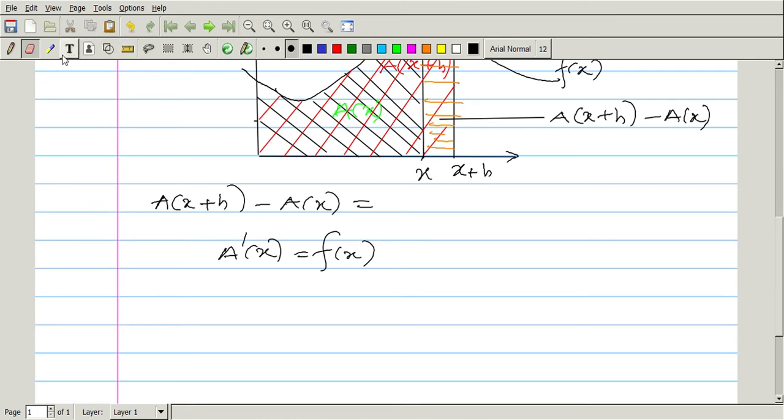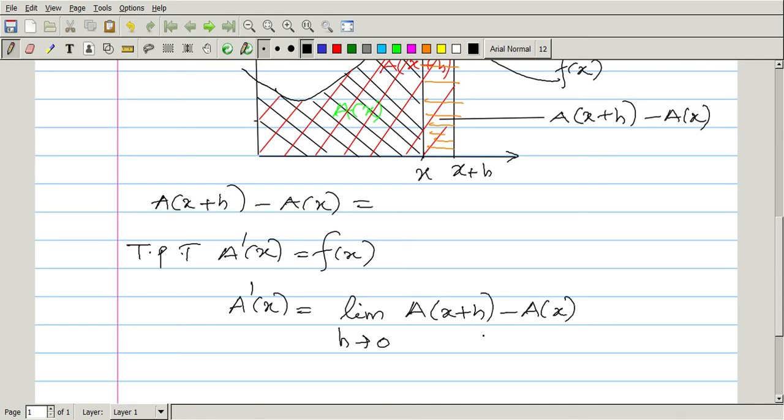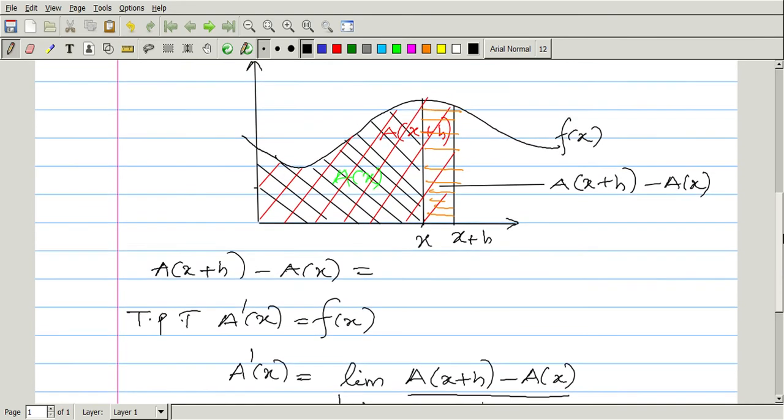To prove that A dash x is equal to f of x, therefore on the next line, A dash x is the limit as h tends to 0 of A of x plus h minus A of x, the whole divided by h, which comes to be this strip rectangle.